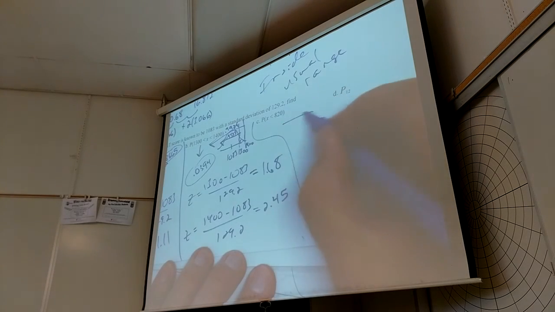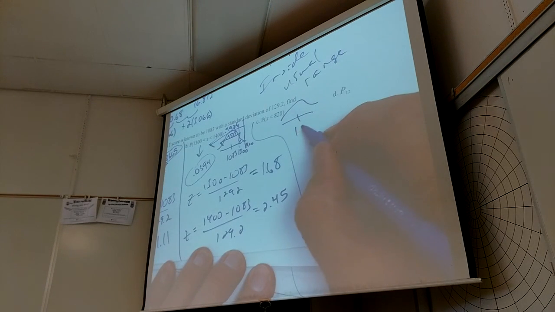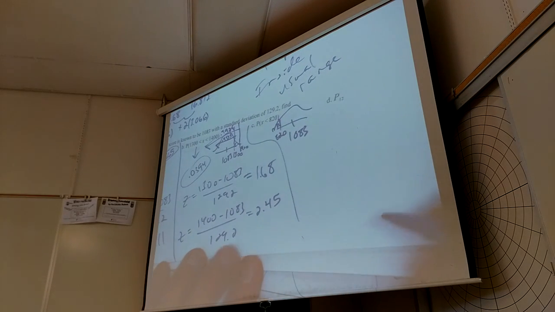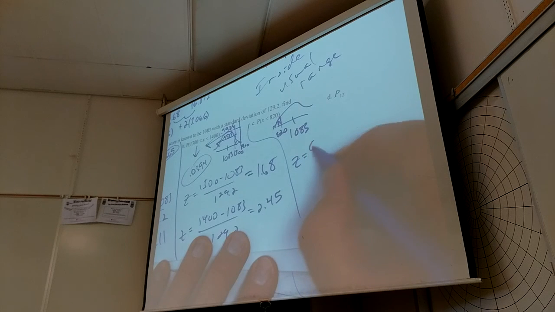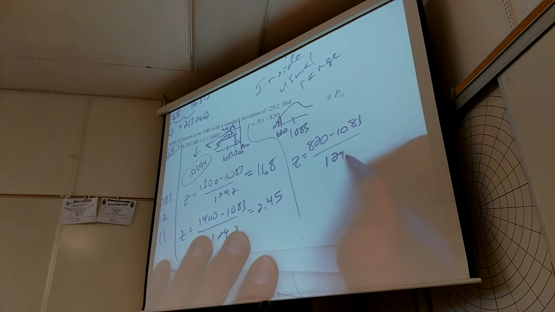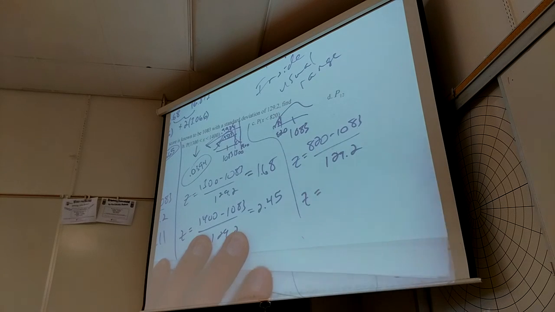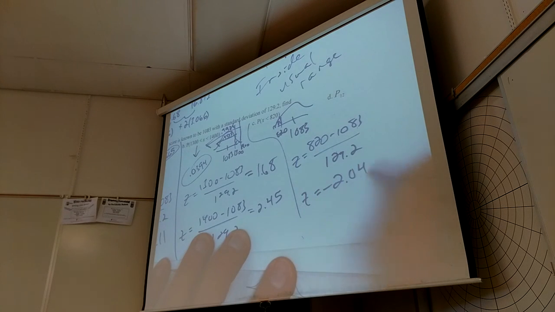So this one, less than 820. I'm going to be down here, 820. Make a Z score out of it. 820 minus 1083 over 129.2. What do you guys get for that Z score? Negative 2.04.